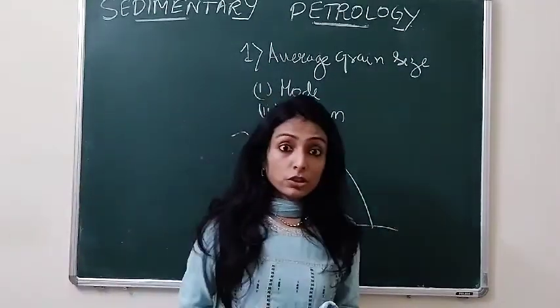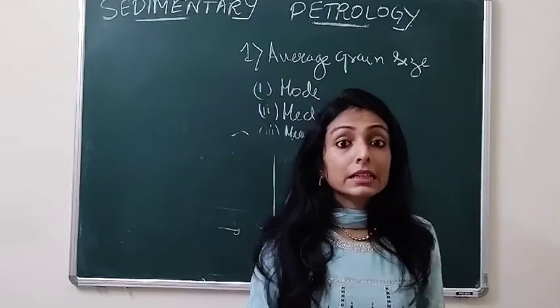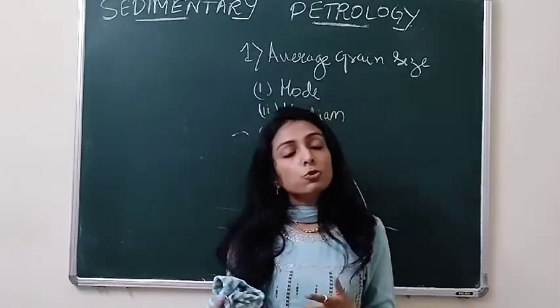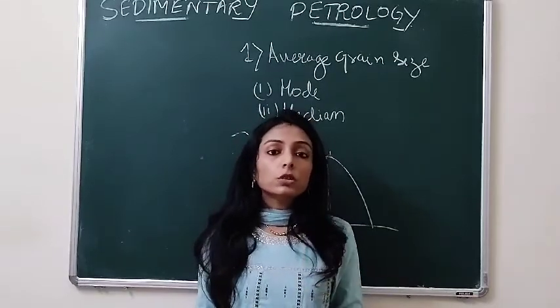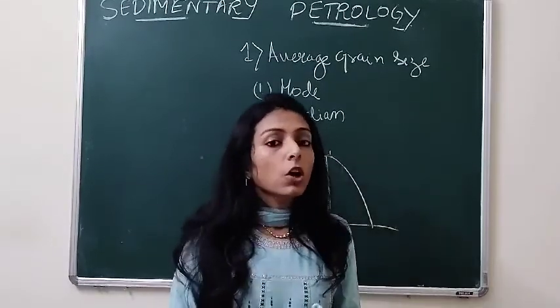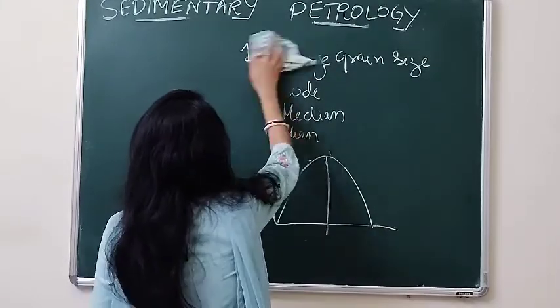Now the second question, when you are dealing with statistical measures, is how to calculate the sorting. Now sorting is calculated or known through a statistical measure which is called standard deviation.